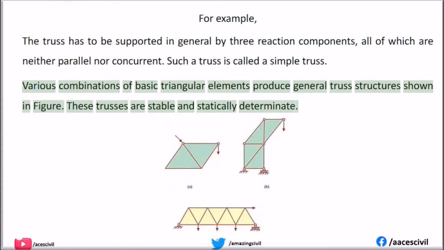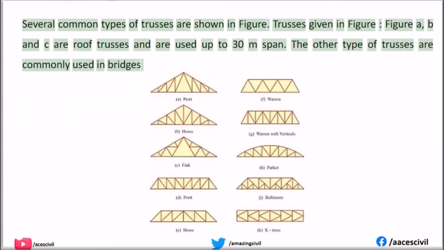These trusses are stable and statically determinate. Several common types of trusses are shown in figure. Trusses given in figure A, B and C are roof trusses and are used up to 30 m span. The other types of trusses are commonly used in bridges.